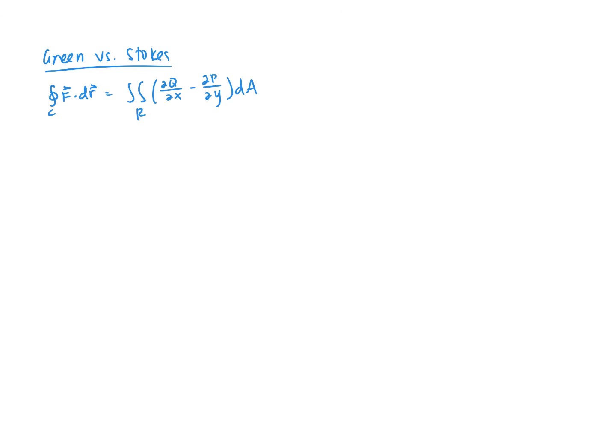Okay, so that's Green's theorem. That is just a special case of Stokes' theorem. That's what we talked about on the first page. So Green's theorem is just a special case of Stokes' theorem.